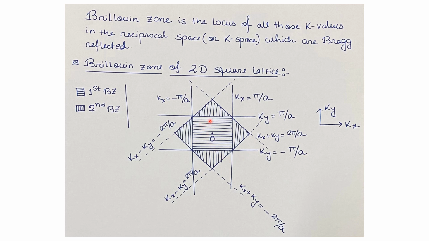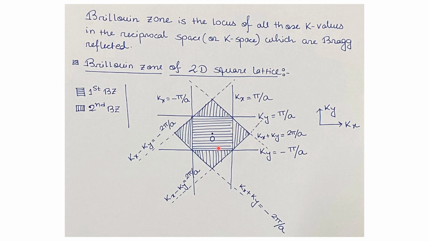So this square region is the first Brillouin zone for the 2D square lattice in the k space, that is kx, ky plane. And these 4 sides, which are the 4 straight lines, are the first Brillouin zone boundaries. So this is how we can describe the first Brillouin zone boundary for a 2D square lattice.